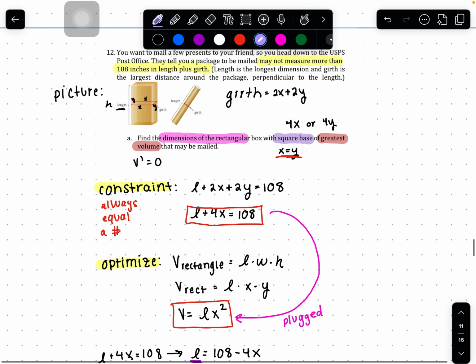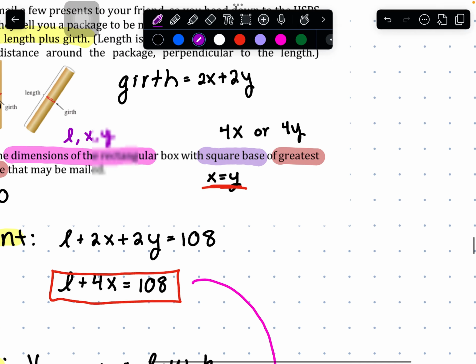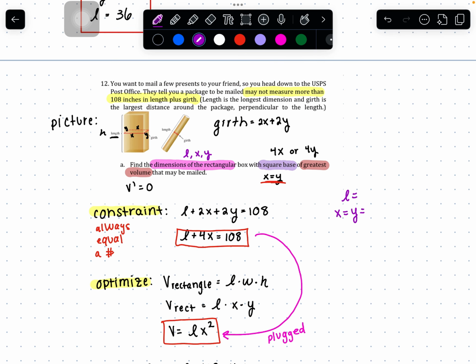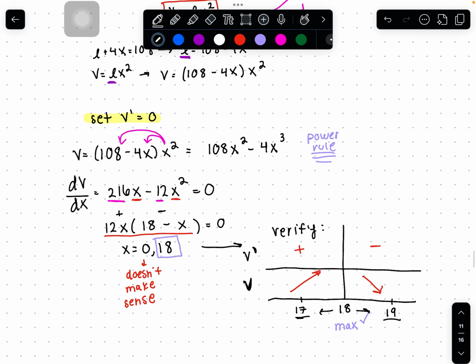Okay, remember the original question said find the dimensions. So the dimensions are going to be L, X, and Y, right? We said earlier our solution, I erased it, that our solution should be L equals something, X equals Y equals something, right? Well, we just found X, and we know X equals Y. So X equals 18, Y equals 18.